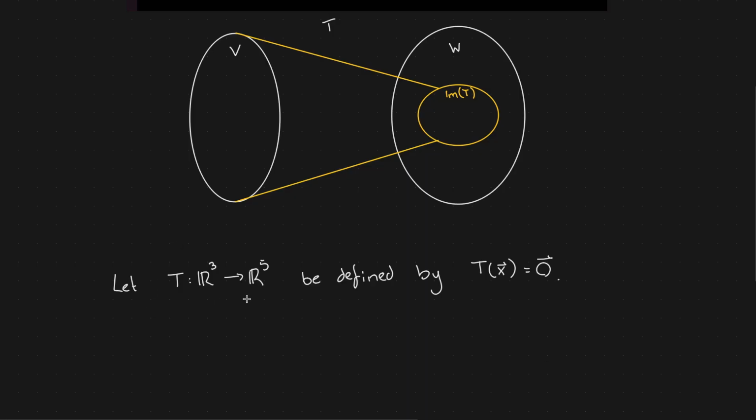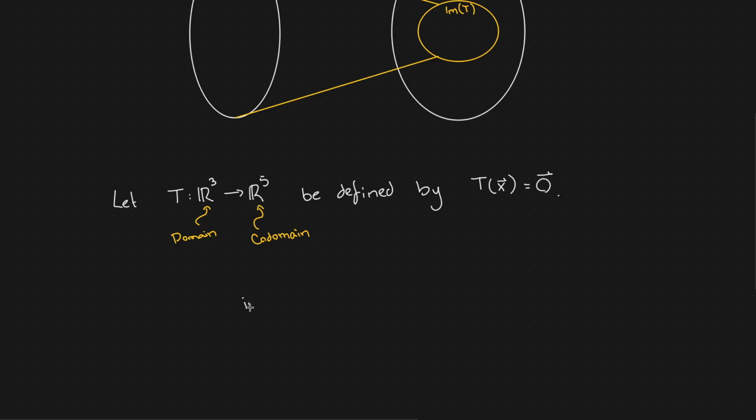The domain here is R3. The codomain is R5, five-dimensional vector space. But the image of T in this case consists of just one single vector, the zero vector. Not all of R5, because no matter what I plug in, only the zero vector is spit out. So that's the only thing in the image. The image is just the set of all vectors that you could actually reach from R3 by applying transformation T.